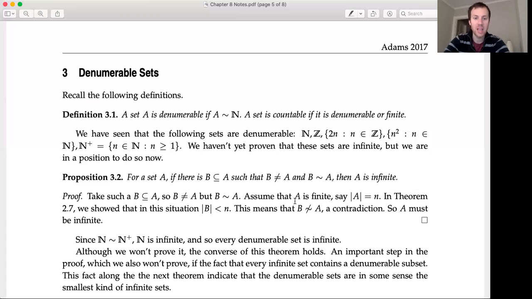And so A and B, we know that they don't have the same size. B actually has fewer things. So we get a contradiction because there can't actually be a bijection between them. So what happened? We made this assumption that A was finite. That's wrong. So it means that A is infinite.